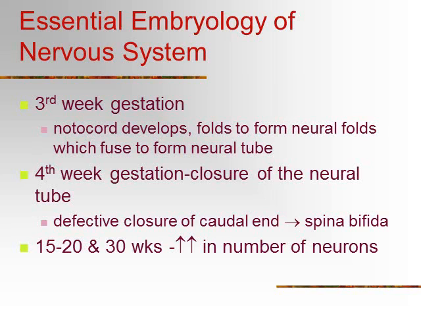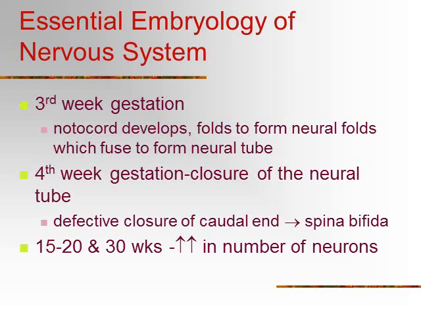All right, so we're going to talk about embryology of the nervous system. It starts around the third week of gestation. The nodal cord develops and the folds form neural folds, and then that fuses to form a neural tube.